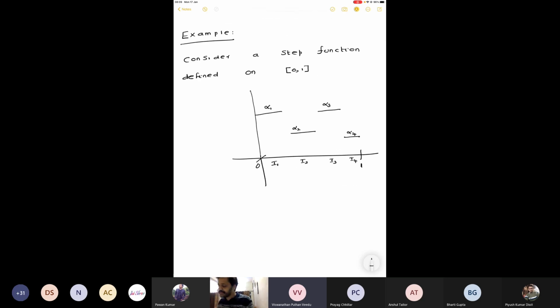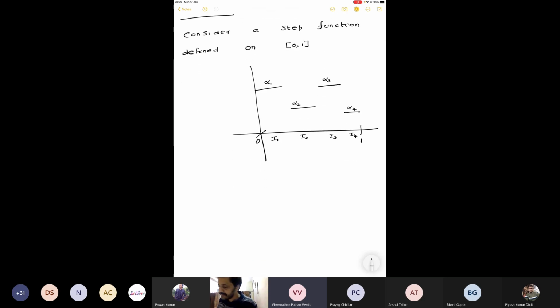In Riemann's approach, this is your function f of x.